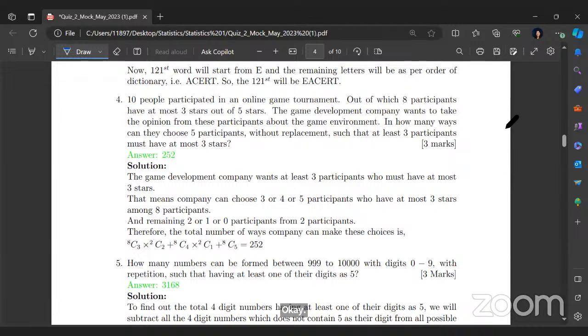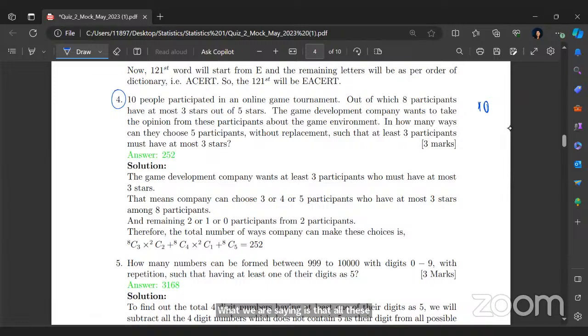All right, so question number 4. Question number 4 says 10 people participated in an online game tournament. Out of these 10 people, 8 participants have at most 3 stars out of 5 stars. So all the people participating in the gaming tournament have some rating.